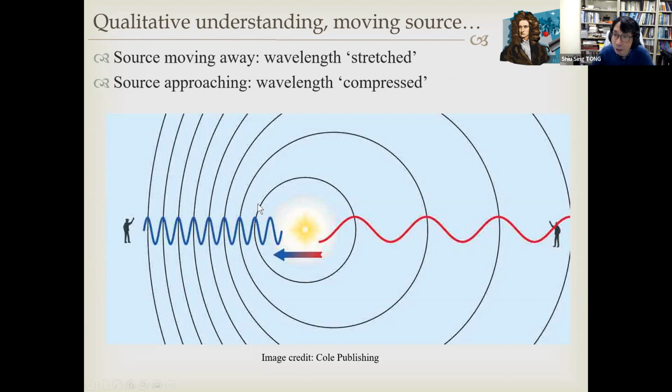So this is a heuristic understanding of the Doppler effect. When you are facing the motion of the sound source, the wave gets compressed, and so you hear high frequency. And when you are behind the source, the wave gets stretched. So you hear a sound of lower frequency. Okay.